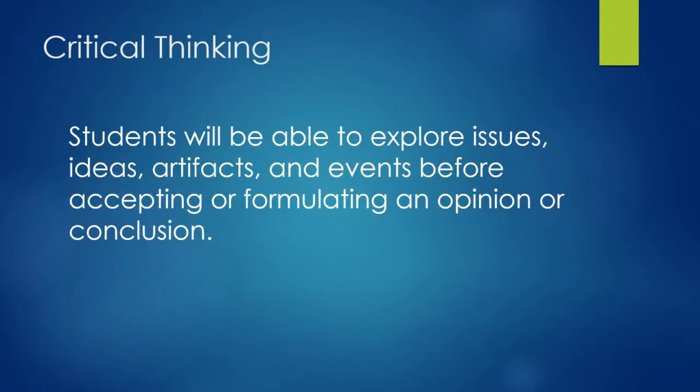So, for critical thinking, the outcome, and you can take a look at the VALUE rubric again that's on top, is really reflecting, we're adapting our current general education outcomes to reflect the language that is in the AAC&U's VALUE rubric. So as a result of going through their course of education here at Triton, students will be able to explore issues, ideas, artifacts, and events before accepting or formulating an opinion or conclusion.